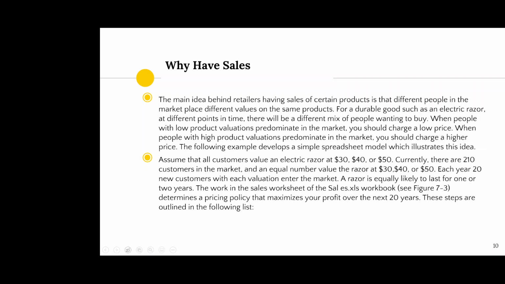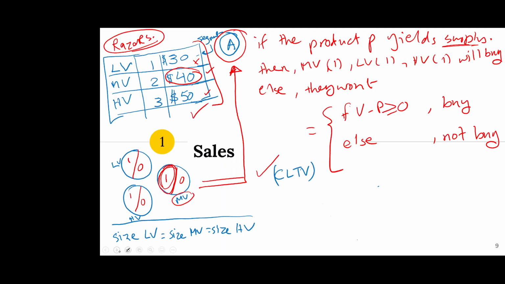But right now, we are going to focus on the idea that we have high monetary value, medium monetary value, low monetary value, and all of them have the same behavior in terms of frequency of buying, because this is not coming and visiting the mall. This is the frequency of buying a product.